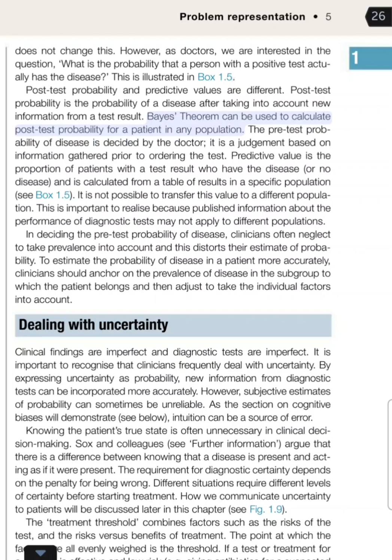Bayes' theorem can be used to calculate post-test probability for a patient in any population. The pre-test probability of disease is decided by the doctor. It is a judgment based on information gathered prior to ordering the test.